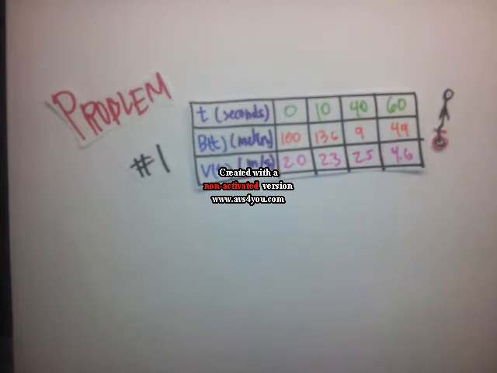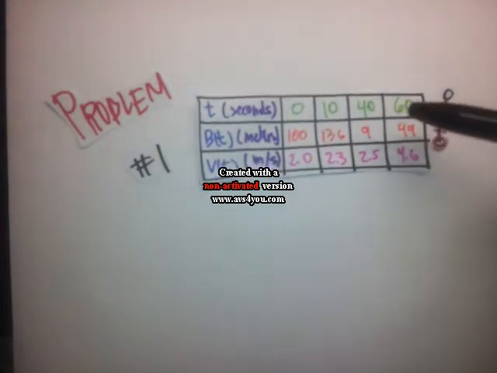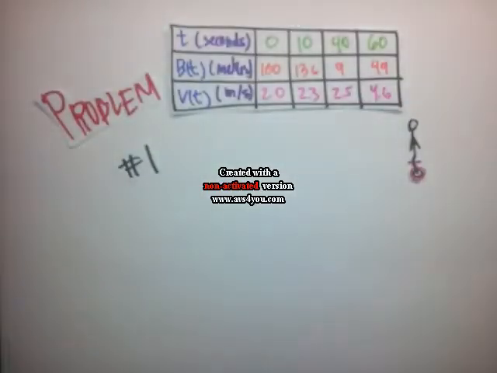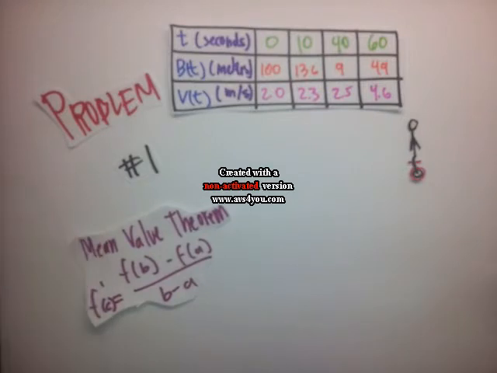Okay, the first problem is to use the data on this table to find Ben's acceleration at time t equals 5 seconds. Remember to indicate units of measure. So basically, they're asking you to do the mean value theorem because you're trying to find the acceleration, which is the derivative of velocity.